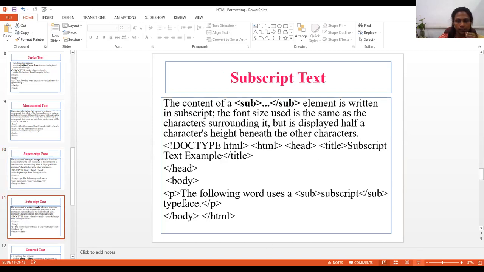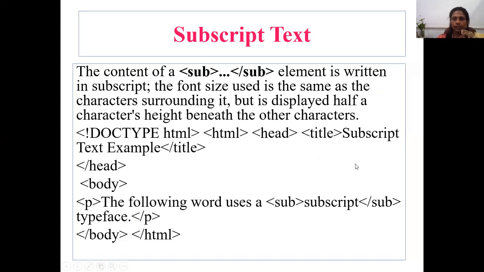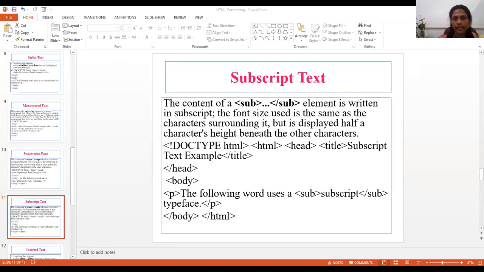And the next tag is the sub tag. The sub element is written such that any text that we enclose in the sub tag will be made a subscript, and the characters which surround that will be normal text. That's the significance of the subscript. We will see the example as well.